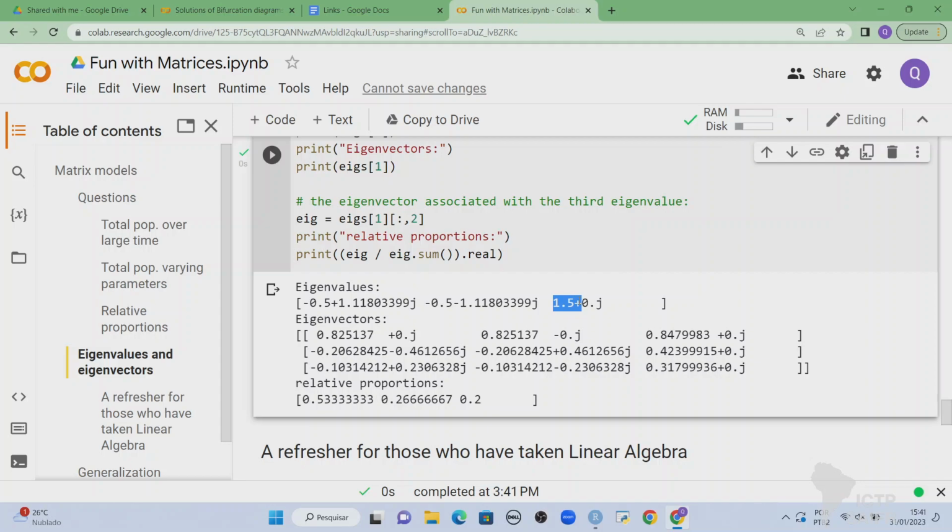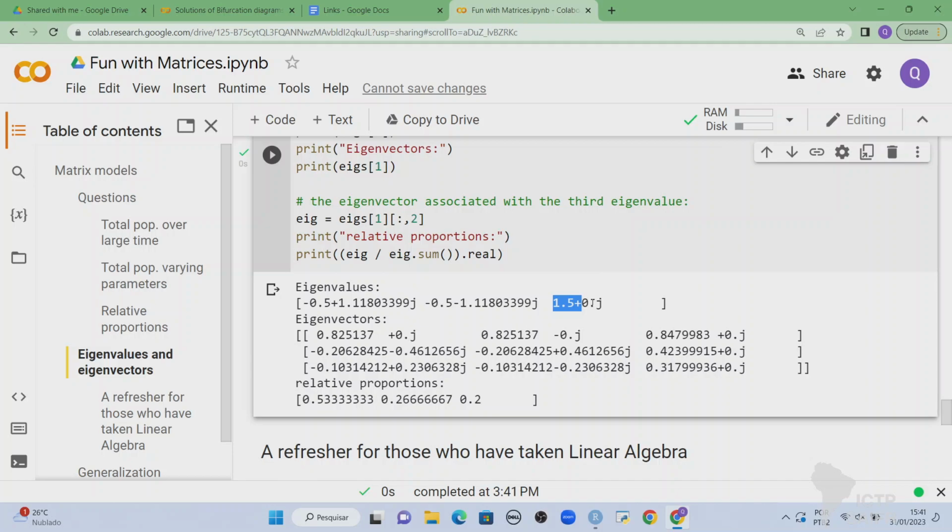Exactly 1.5. So the eigenvalue with the largest value is this one, and for a large time the growth rate will be 1.5. Nice, right? I didn't have to do all the calculation. Just look at the eigenvalues and say, wow, 1.5, it means the population after a long time will grow at a rate of 1.5 per generation.